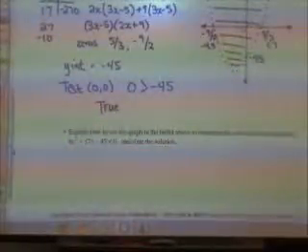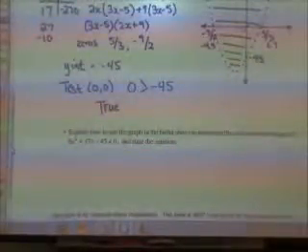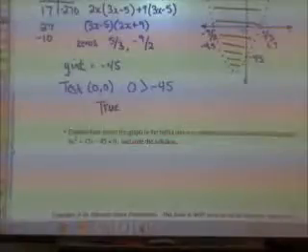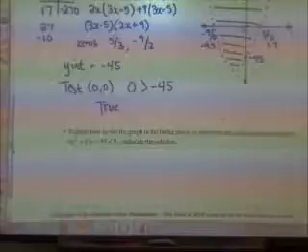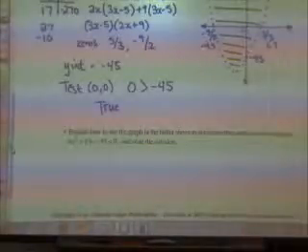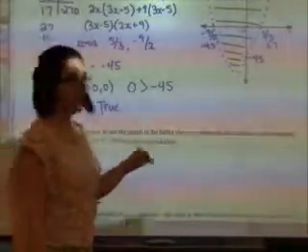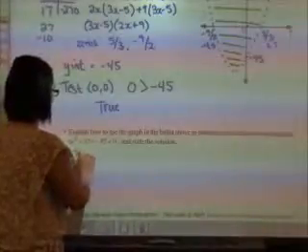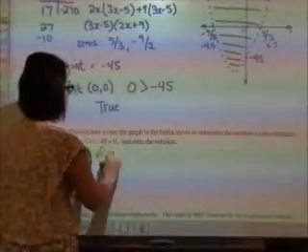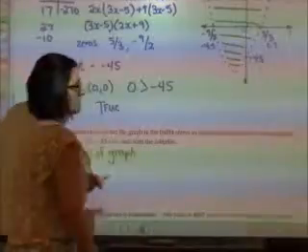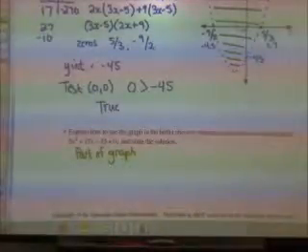The last part says, explain how to use the graph in the bullet above to determine the solution to the inequality 6x squared plus 17x minus 45 is less than 0. So if it is less than 0, it is going to be the part of the graph above or below the x-axis?